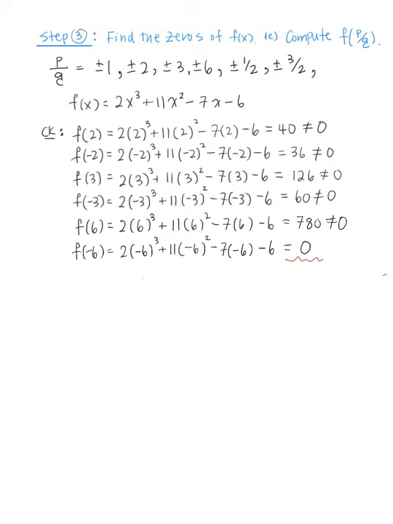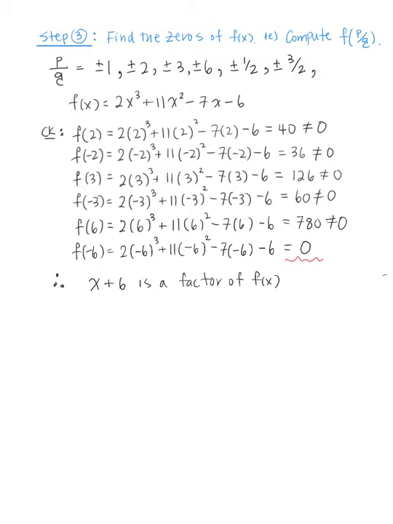Therefore, we know that x minus negative 6 is a factor of f of x, which is the same thing as x plus 6 being a factor of f of x.